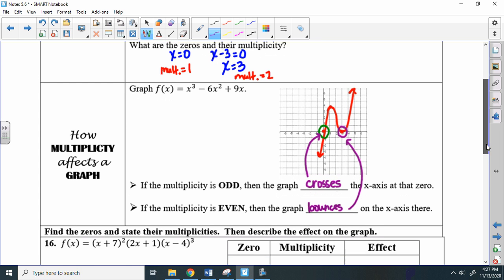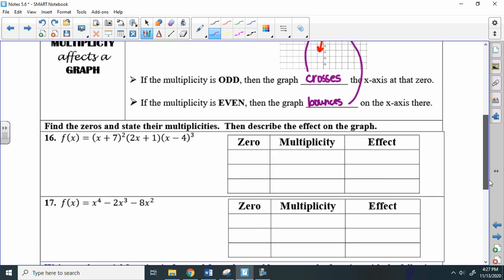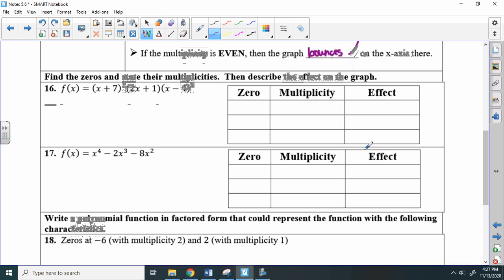And so what we're going to do now is, without looking at the graph itself, you're going to find the zeros. So I've given you some, one of these is like super crazy. All right, you're going to find the zeros. You're going to tell me what their multiplicity is, and then how does that affect the graph? Okay, all right, so the first one here is actually in factored form for you.